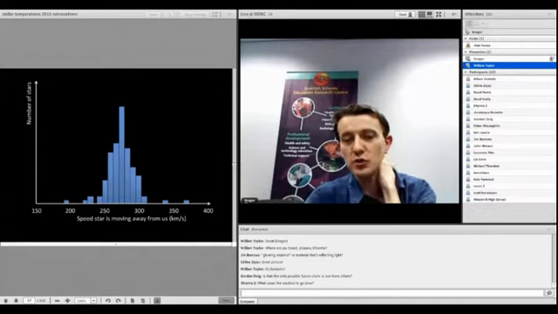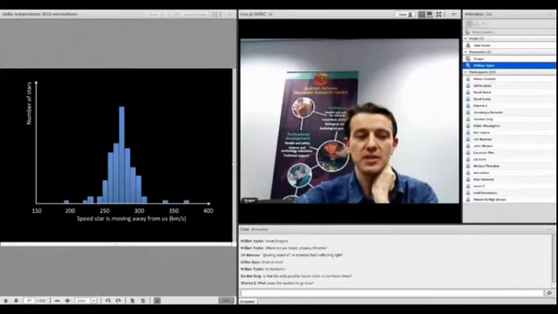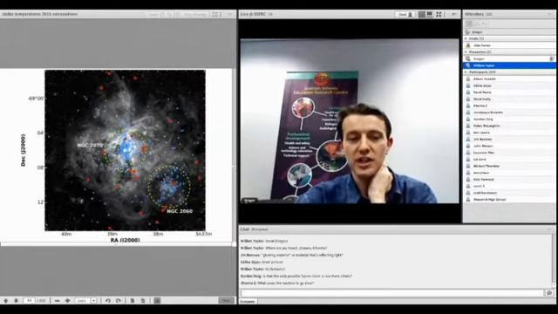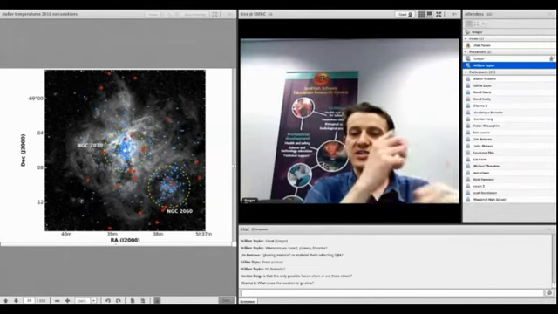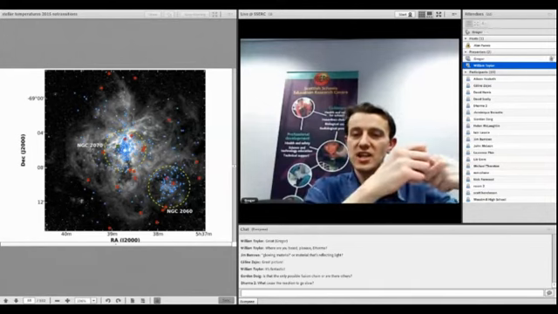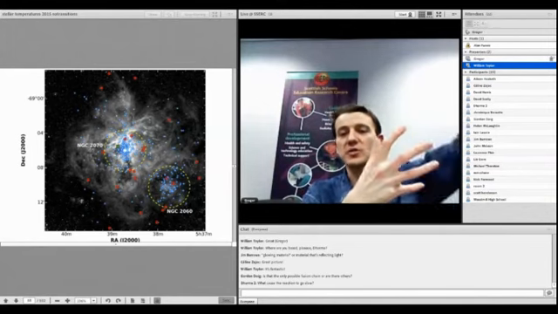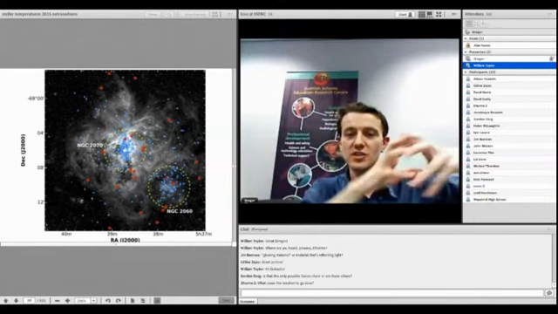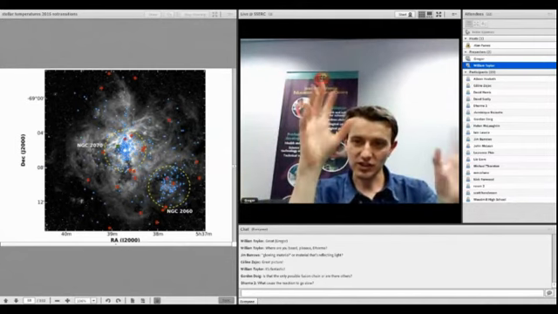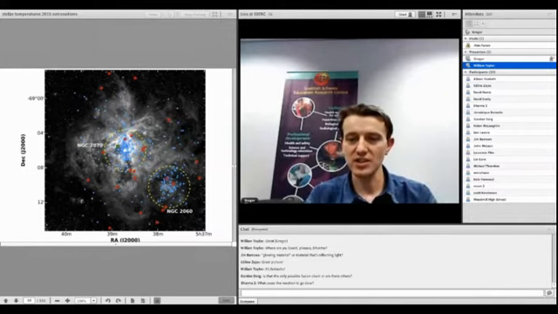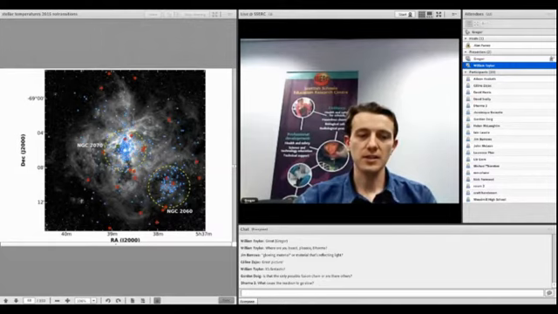You can see there's a few objects which seem to be rushing away from us at high speed. If we look at the cluster as a whole, those red objects are ones which seem to be rushing away. And we think what's happened is they were in a binary system. One of the stars might have exploded, and the other one's been sent off into the distance, and they're fleeing the nebula. So we've got time with Hubble to go and study it and try and see where they're moving. Anyway, that's a brief aside about massive stars and the sort of things I'm doing.